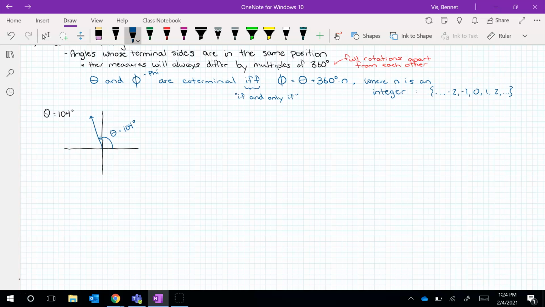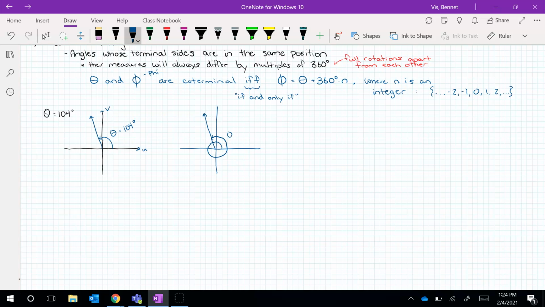That's 104 degrees. In another UV coordinate system, I can have another angle that would end in the exact same spot. Let's say I had an angle that ended here but got there a different way. So instead of going just from here to there, let's say it went there but continued around and did another full rotation, 360 degrees past that.